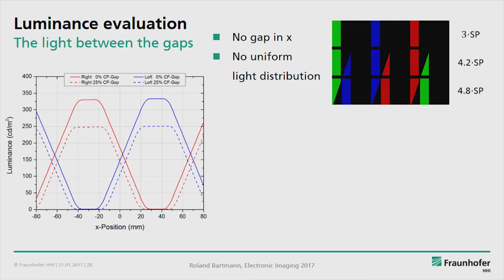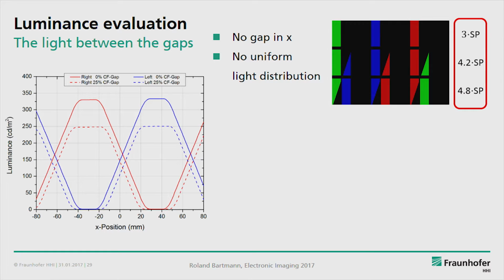So, what's the difference? Again, here is a magnified area of the no-gap version. And what you can see here, the summation of the colors in the rows is different. So here you have 3 subpixels, and here 4.2 and 4.8, and this will cause luminance fluctuations we do not want.